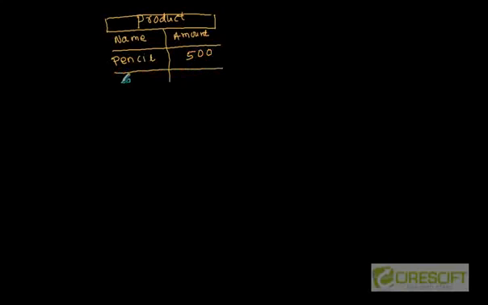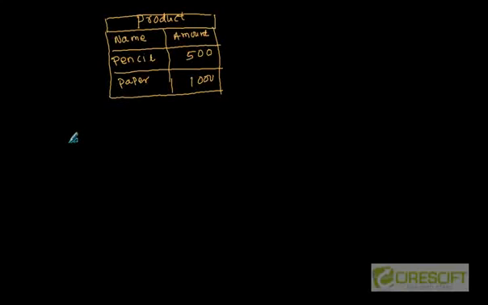Let's say I have another row called paper, and there are 1000 of paper. So this is our very simple table, with two columns and two rows.